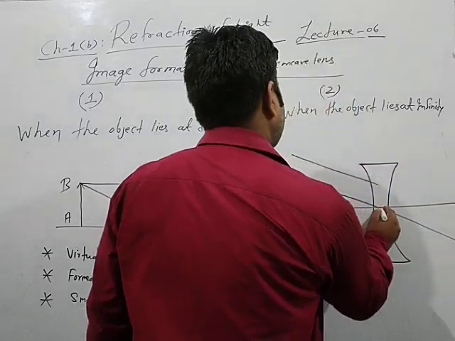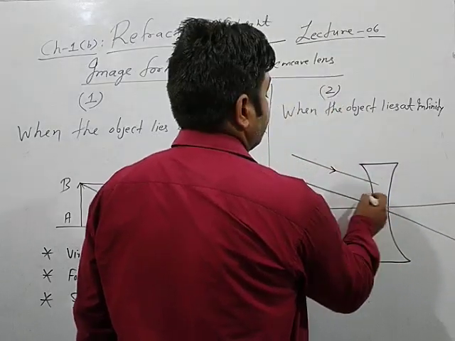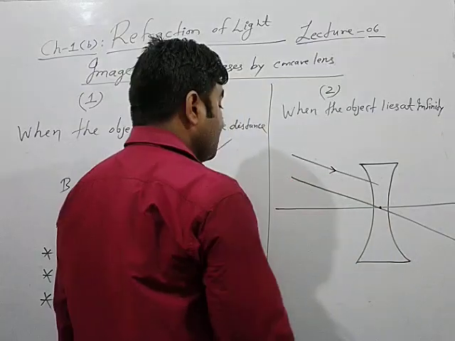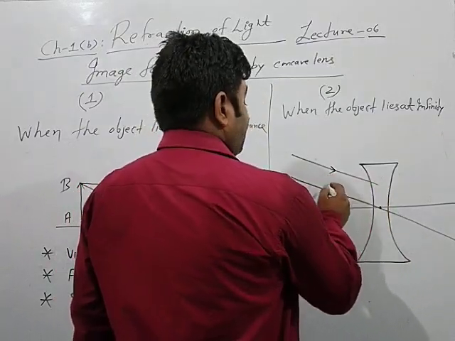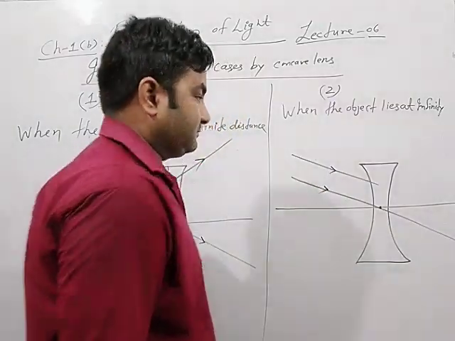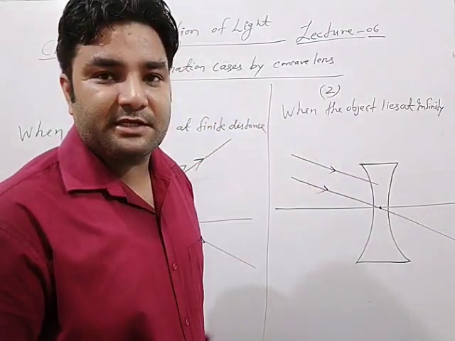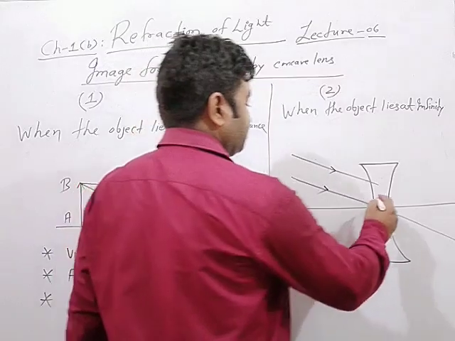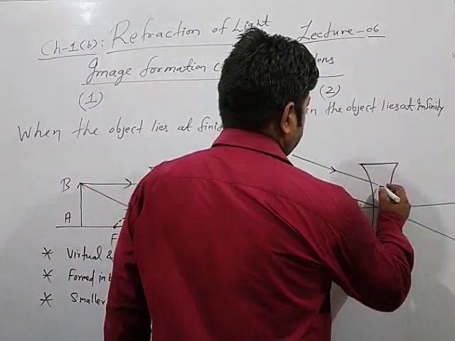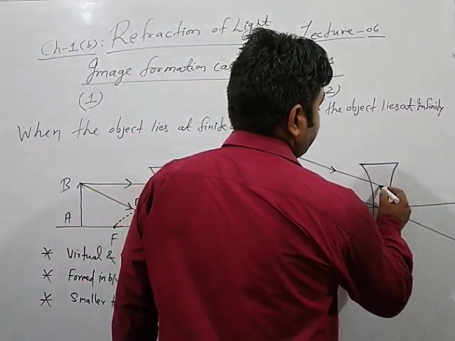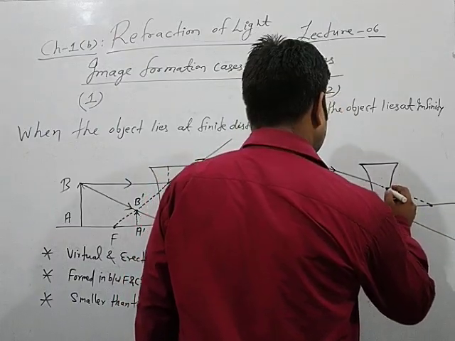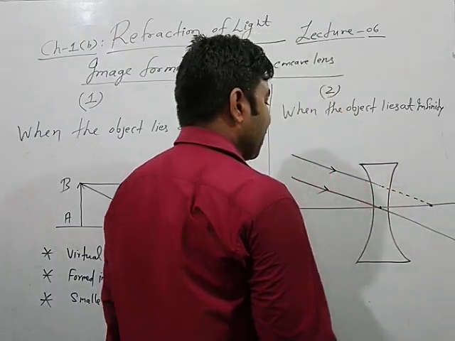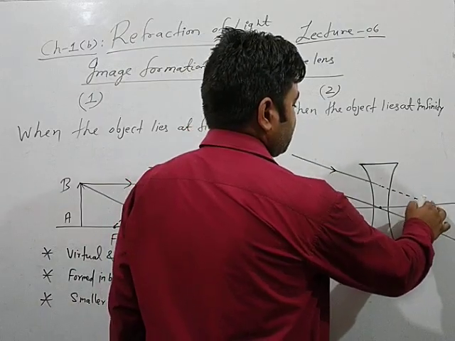One passes through optical center, another is also parallel to the first ray. Whenever these two parallel rays are taken, then after refraction, this one and this ray appear towards focus.